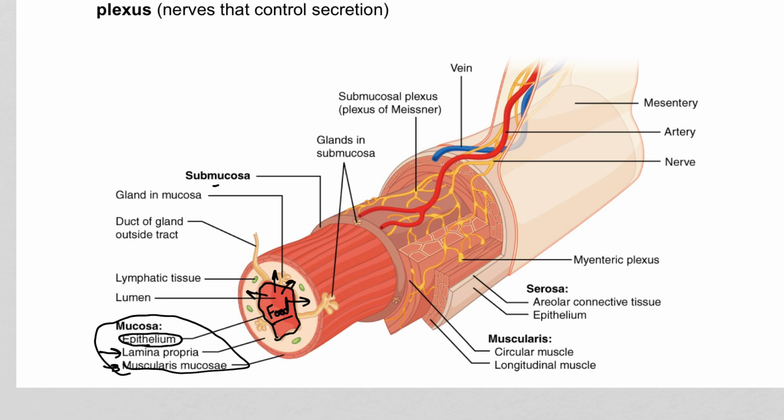Right underneath that is this submucosa, right? Sub meaning under the mucosa. And that's another layer of connective tissue where you also find exocrine glands that are secreting acid and mucus and things like that in the stomach and small intestine. And you're also going to find a lot of blood vessels and nerves.